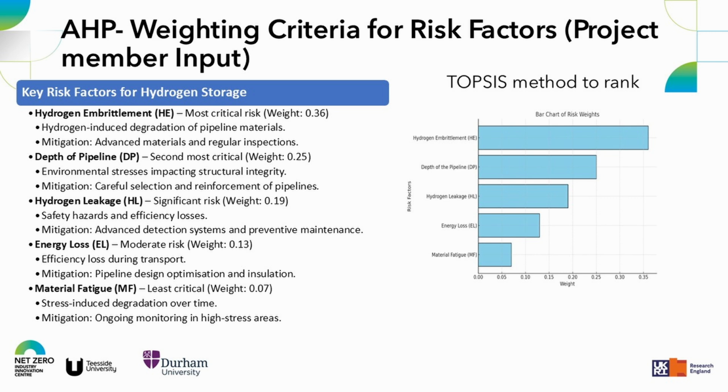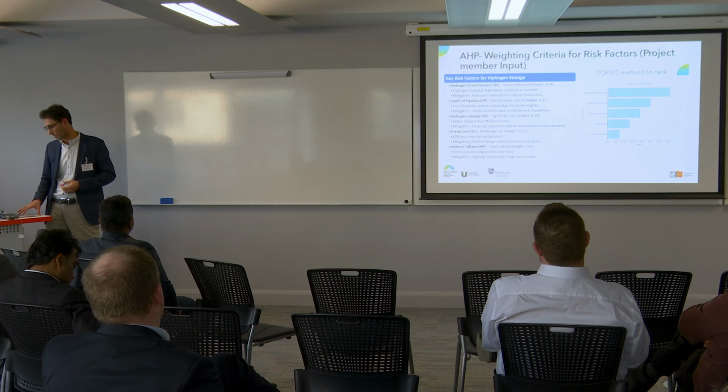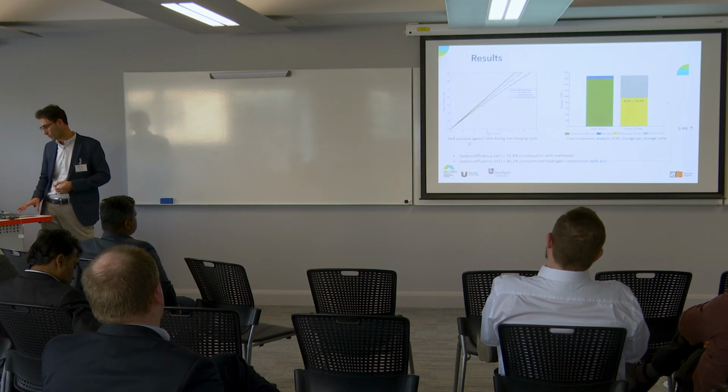The hydrogen embrittlement, depth of pipeline, hydrogen leakage, energy loss, and material fatigue have been identified and proposed for the ranking, and the hydrogen embrittlement has been identified as the most critical item with the highest impact on the risk and safety analysis.